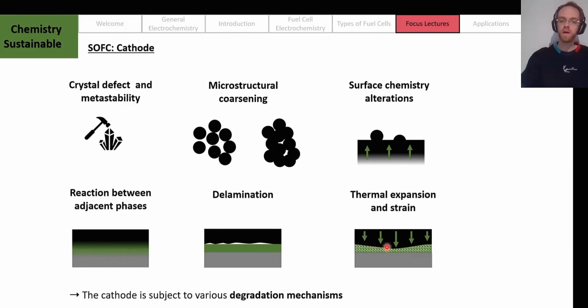By expanding your cathode, you can also micro crack the electrolyte, for example, and therefore lead to additional short circuit or leakage currents. So this should summarize for you that there are various aspects which you have to consider when developing cathodes due to this variety of degradation mechanisms.